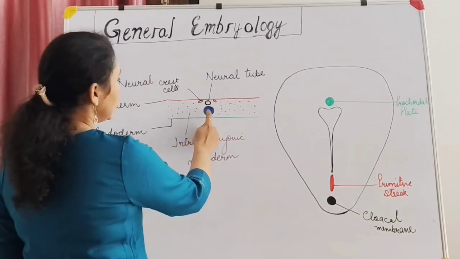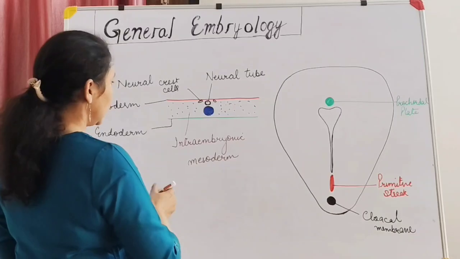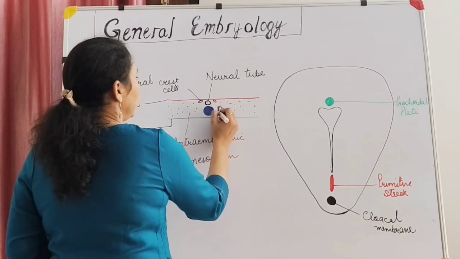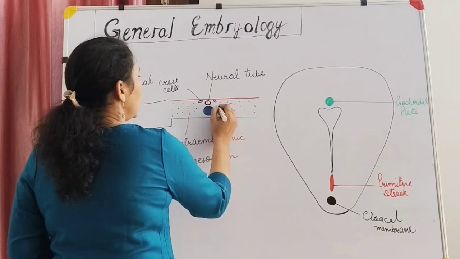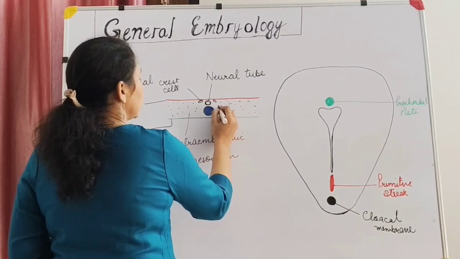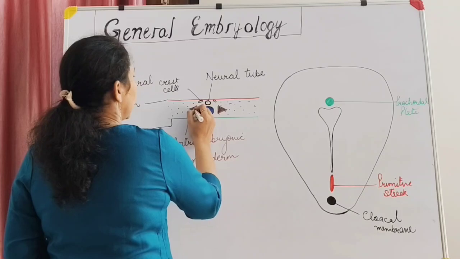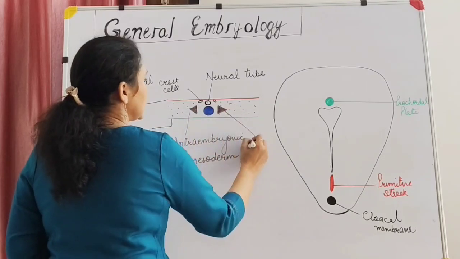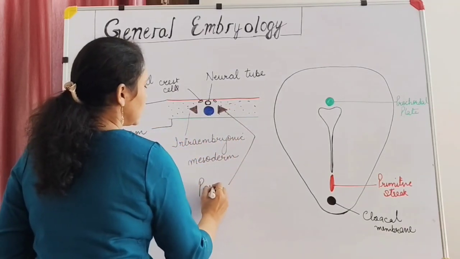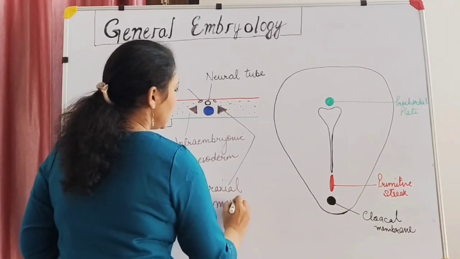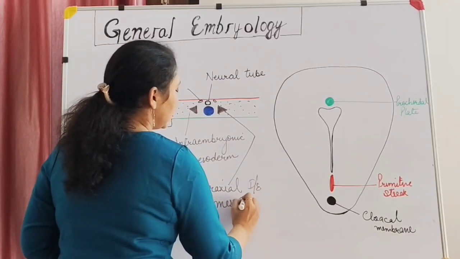The part that is just lateral to the central axis, we call it the paraxial mesoderm. It is just lateral to the axis, so paraxial intraembryonic mesoderm.